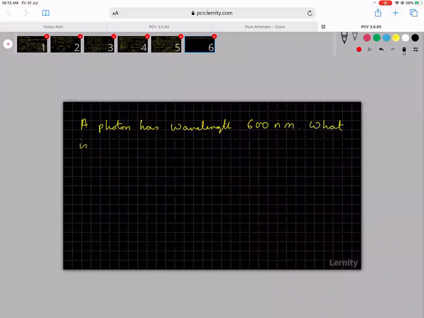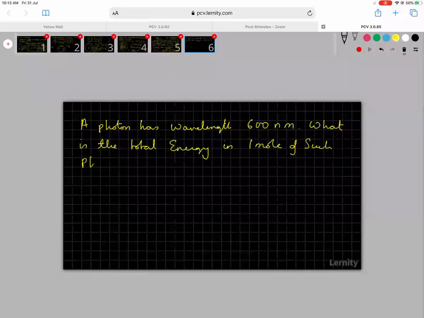What is the total energy in 1 mole of such photons? A photon has a wavelength of 600 nanometers. What is the total energy in 1 mole of such photons?